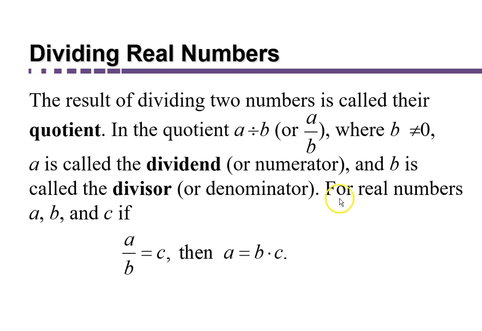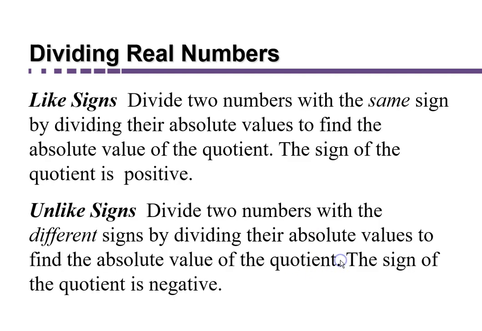Now, we also say for all real numbers A, B, and C, if A divided by B equals C, then A equals the product of B times C. A little something to put in your notes. Now, the rules for signs in division are the same as for multiplication.